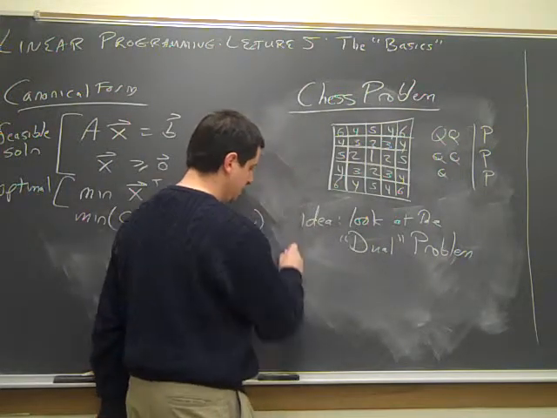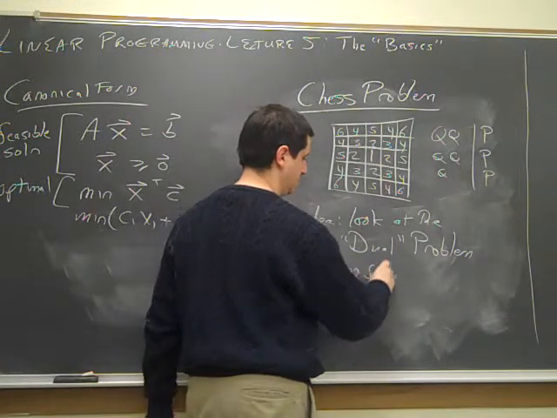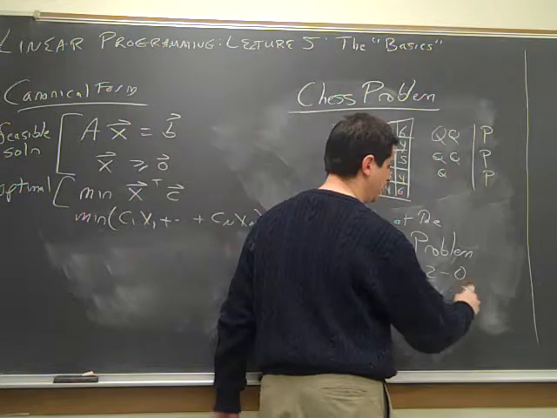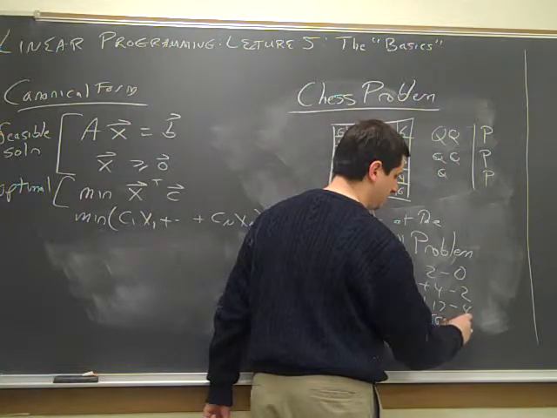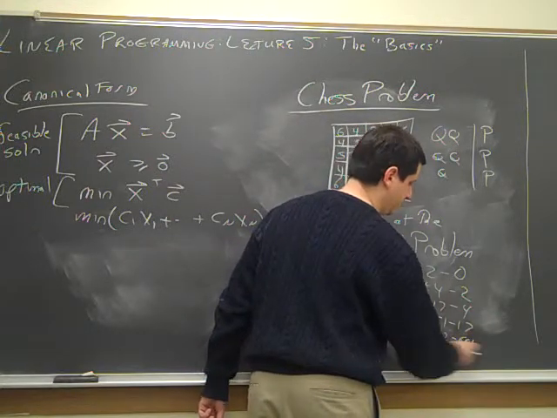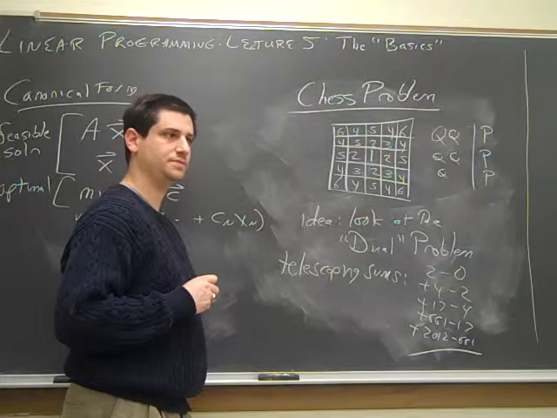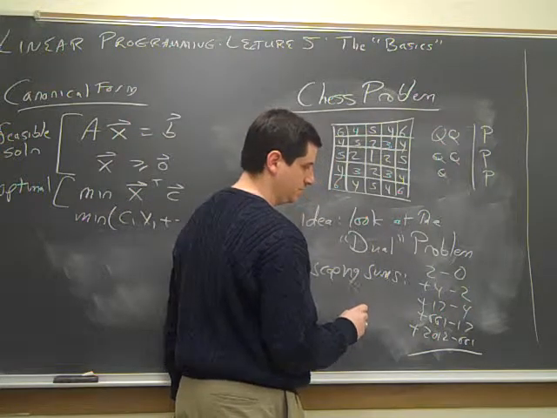You might have seen this in telescoping sums. If I give you 2 minus 0 plus 4 minus 2 plus 17 minus 4 plus 661 minus 17 plus 2012 minus 661, what does that equal? 2012.